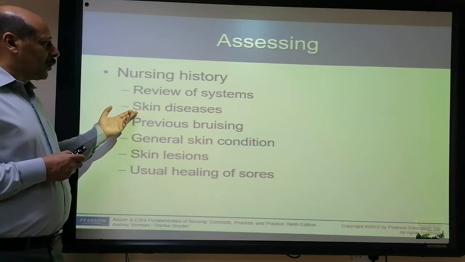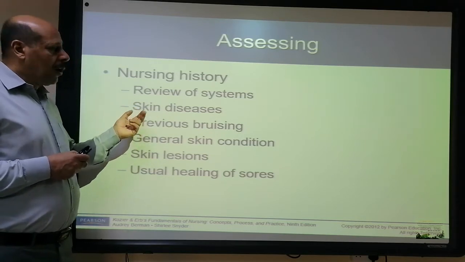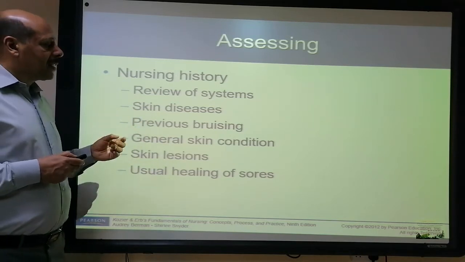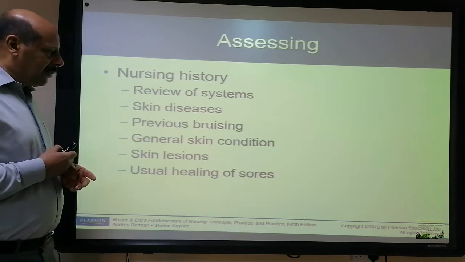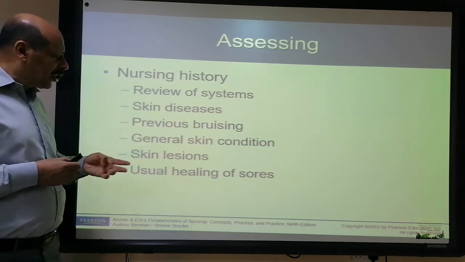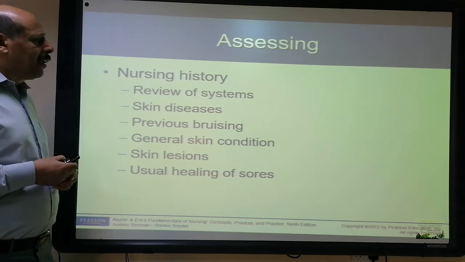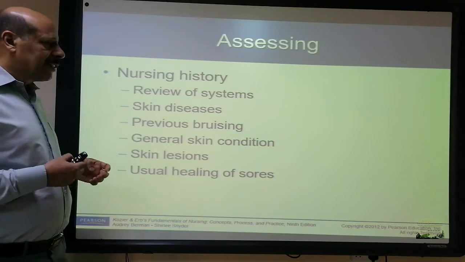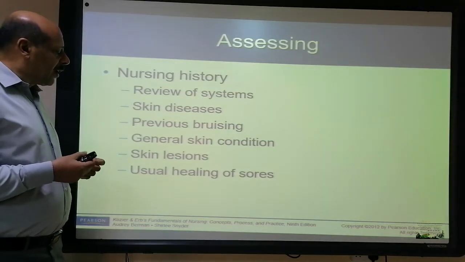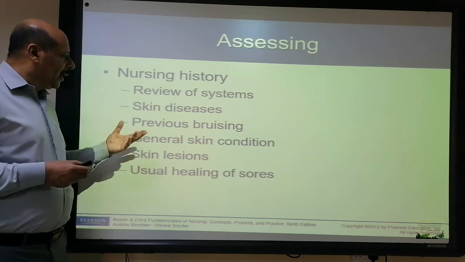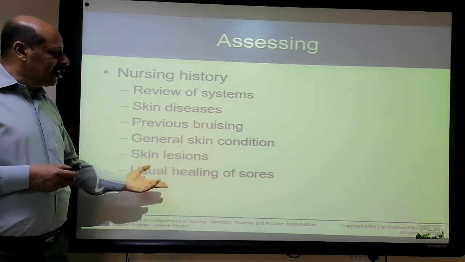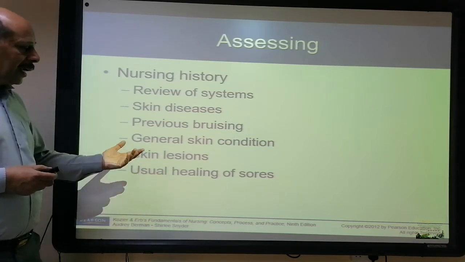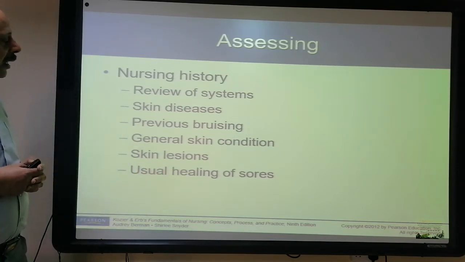We have to also take a history of skin diseases, if he is having any skin diseases, previous bruising that he might have, general skin condition of the client, skin turgor, vitality of the skin, skin color, rashes, any abrasion, all of these things should be assessed. Skin, if there is any skin lesion, any wound, unusual healing or sore.